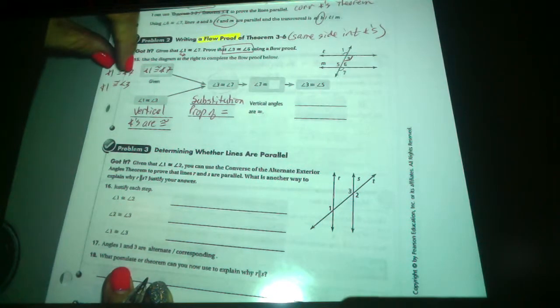If this given had been written in the reverse, instead written this way, angle 7 is congruent to angle 1, then what I end up with here is what I started with there. And we can put those two together. Of course, I'd have to start with angle 7. That would be the transitive property. So when they either start with the same number or end with the same number, we can use substitution to replace them instead.